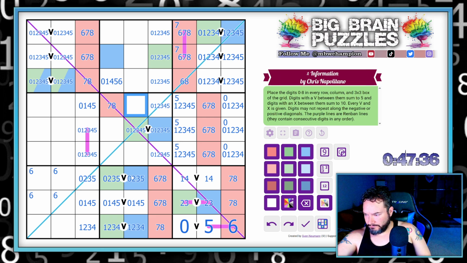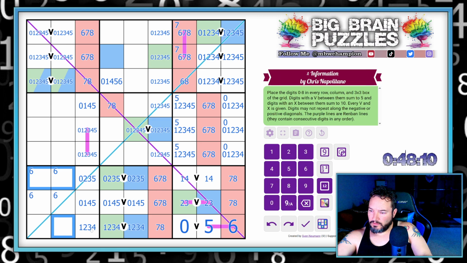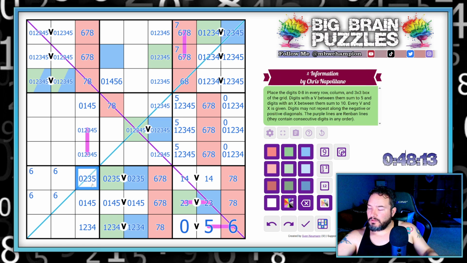Hmm. Interesting. So, since both of these are seeing this, this would actually be the 0, 5.